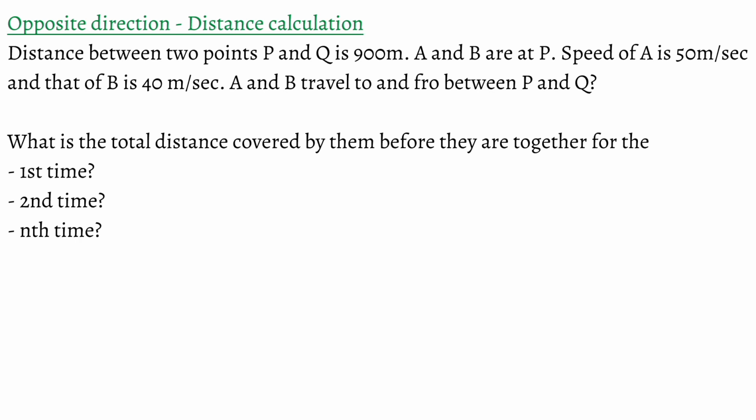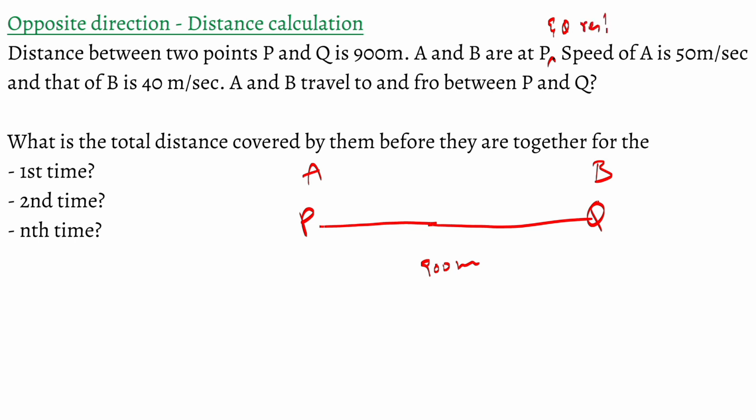Let's say the distance between 2 points P and Q. Let's say here it's P, here it's Q, and this distance is 900 meters. A is at P and B is at Q respectively.